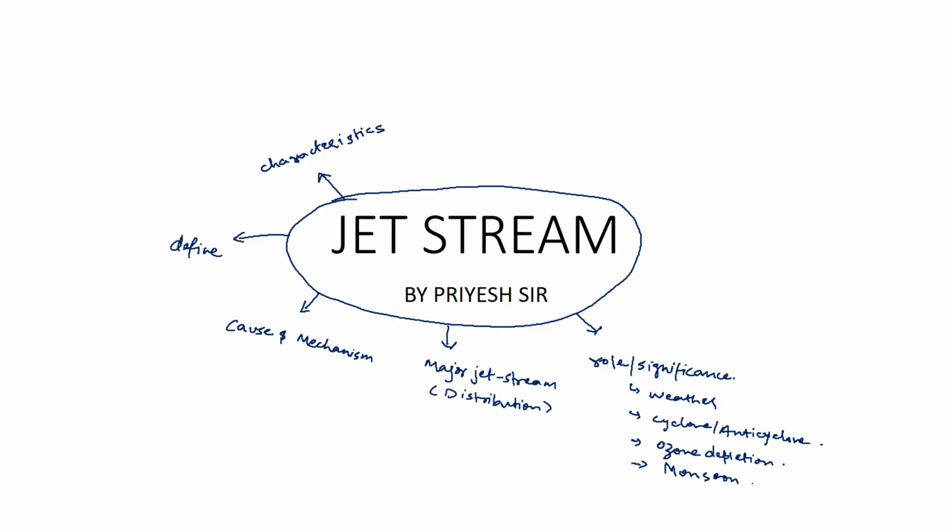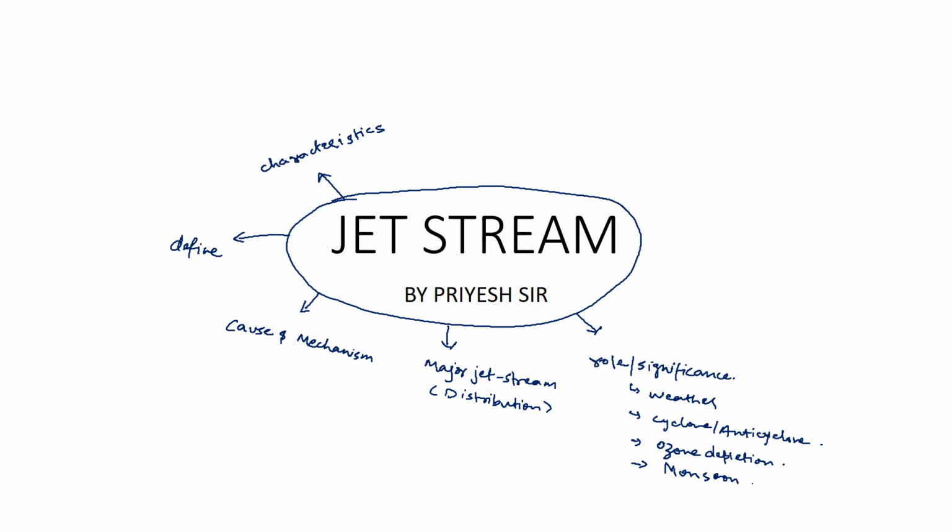When these jet streams are moving, what impacts can they cause on weather conditions, cyclonic and anticyclonic formation, or even explain the Indian summer monsoon, western disturbance, as well as the impact on the retreating northeast monsoon? Even the polar jet streams can explain ozone depletion over the Arctic and Antarctic. Why do these ozone depletions increase in the winter season?